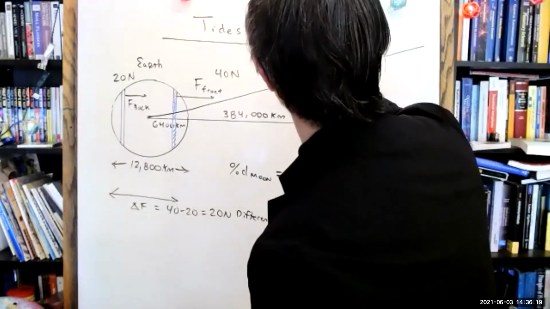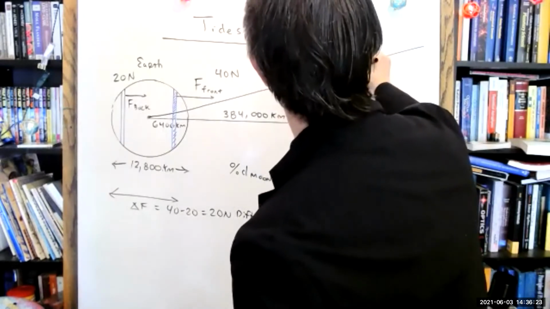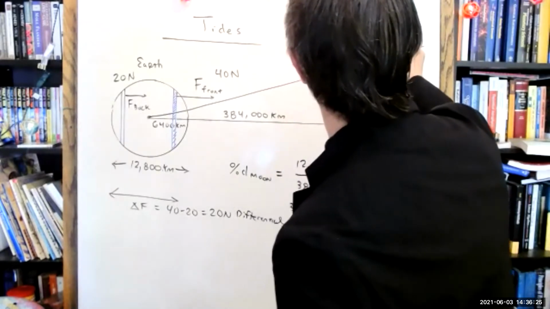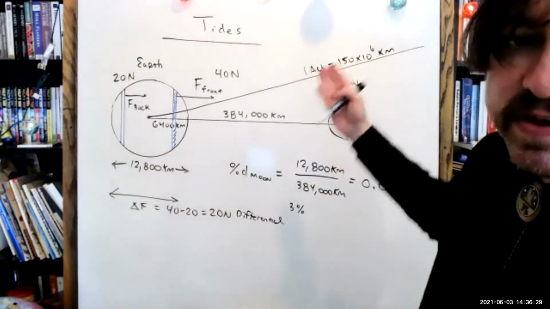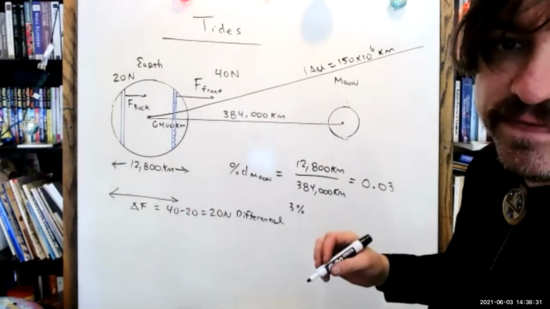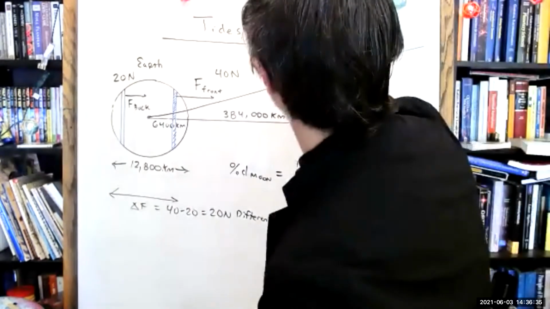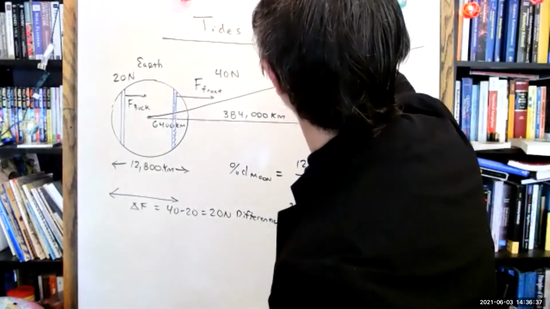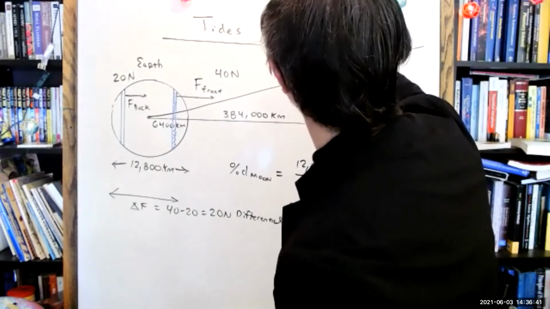The distance to the sun is 1 AU, or 150 million kilometers, right? What percentage of the Earth-Sun distance is the diameter of Earth? The percentage of the distance would be 12,800 kilometers over 150 million.